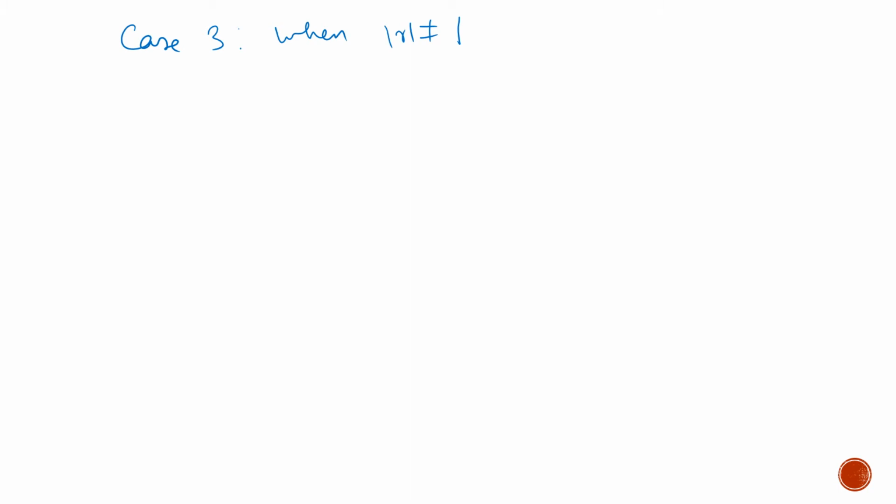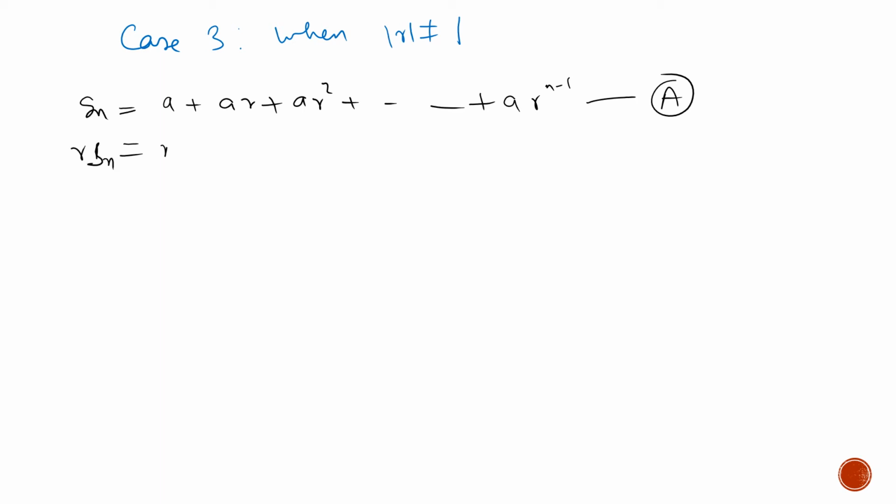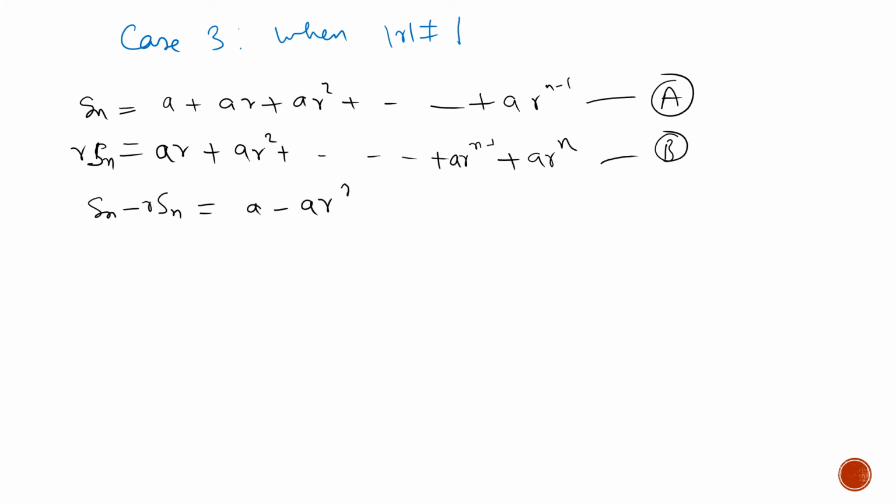So in this case also, when you find out the nth partial sum of the series 1, I can write the nth partial sum of 1 as, and I'll call this equation A. Now if I multiply r with equation A, I'll get, now I'll call this equation number B. So subtracting both the equations, I'll get this.